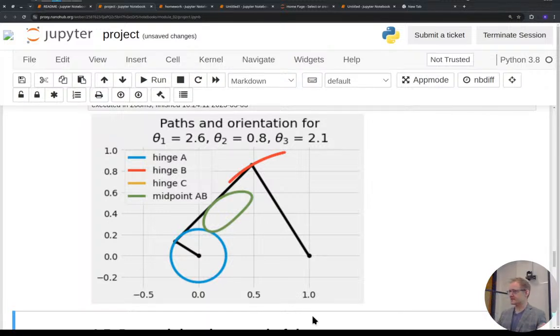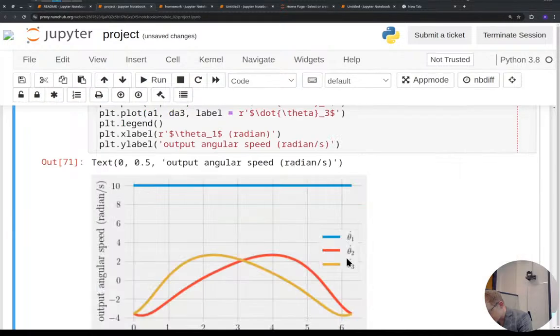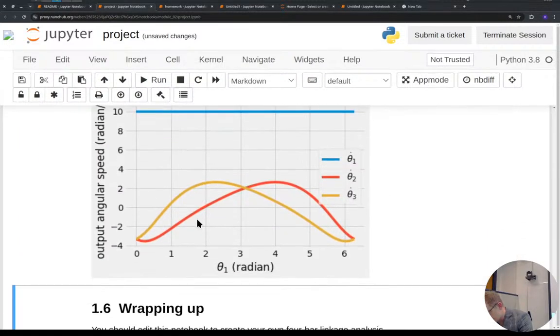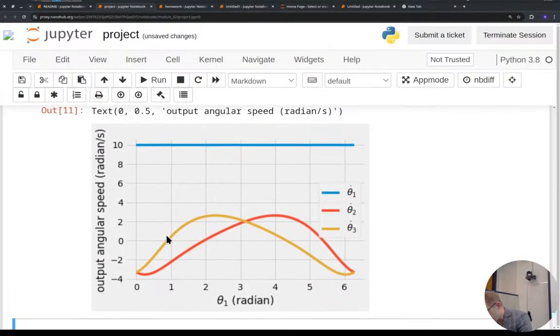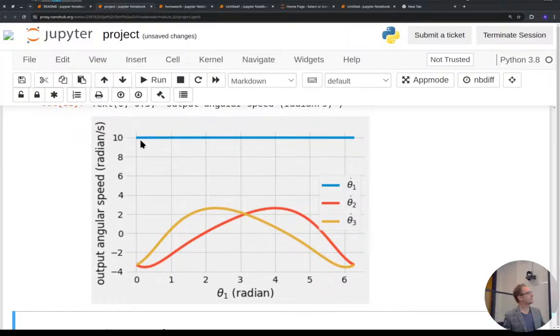We could design a 4-bar linkage that moves in a circle, and then we'd get a sine wave. Theta 1 dot is always 10 radians per second, while theta 2 and theta 3 have these other shapes.